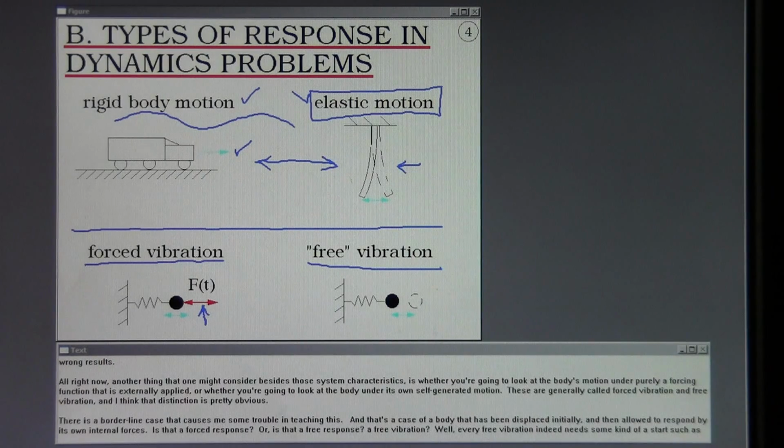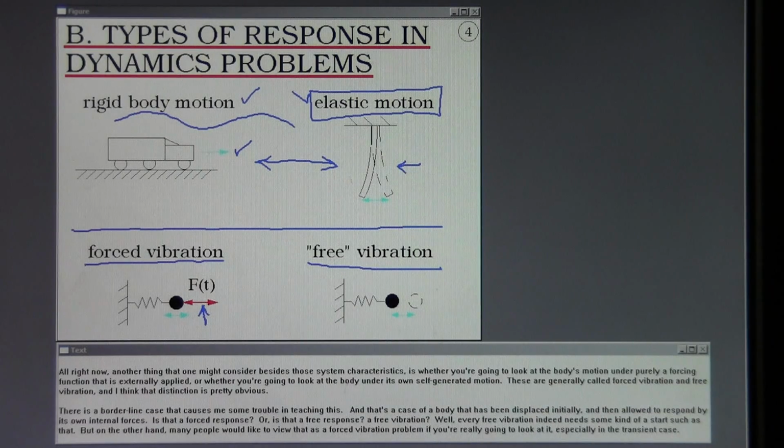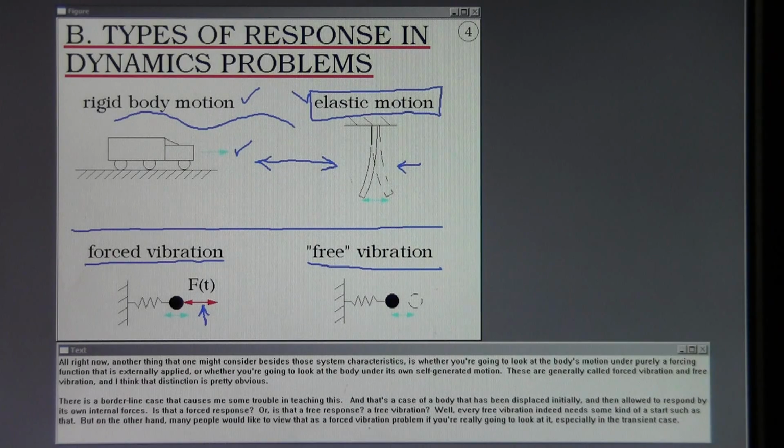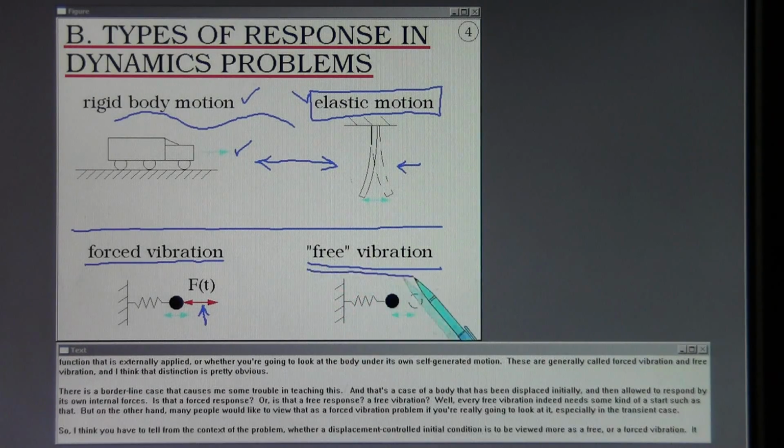There is a borderline case that causes me some trouble in teaching this, and that's a case of a body that has been displaced initially and then allowed to respond by its own internal forces. Is that a forced response, or is that a free response, a free vibration? Well, every free vibration indeed needs some kind of a start such as that.